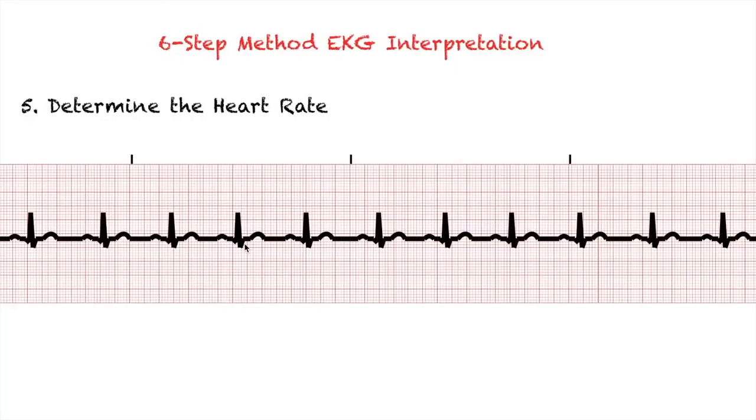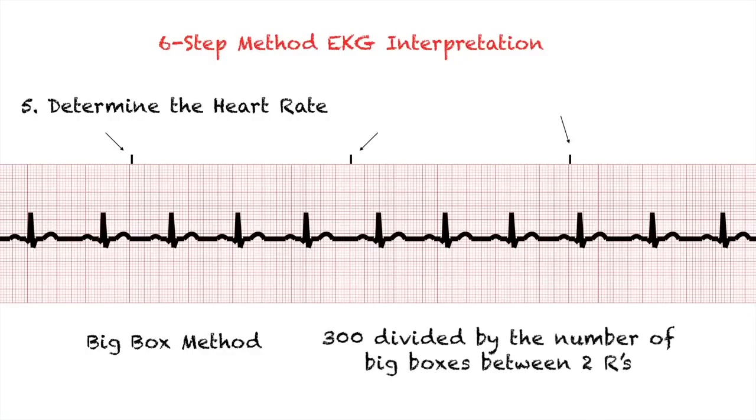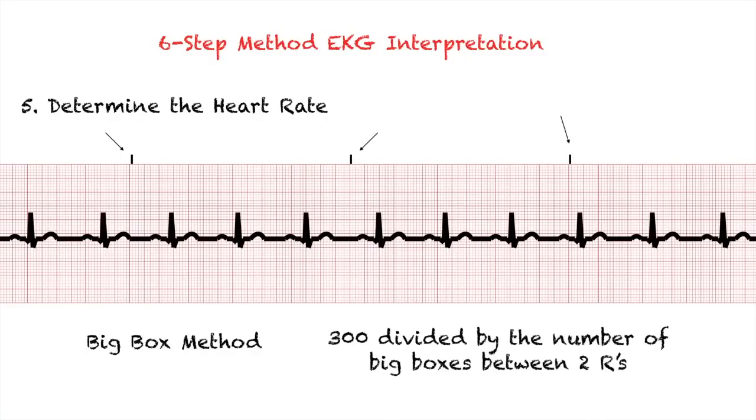Second method that we can use to calculate the heart rate is the big box method. And the way this works is that we divide 300 by the number of big boxes between 2 R's. Our magic number is 300. So for this strip, we are going to use these 2 R's right here. We have 1, 2, 3, 4, 5 big boxes in between R's.